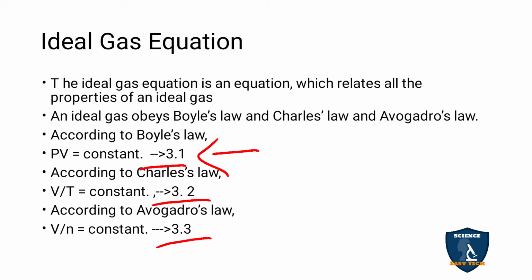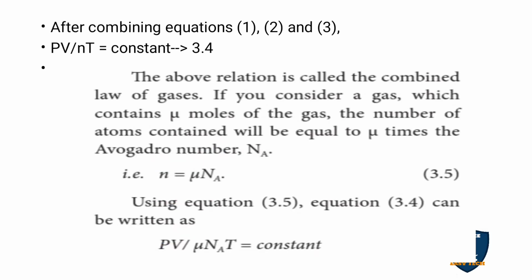So pressure, volume, temperature and number of molecules or atoms are related to each other. For this, we take PV is equal to constant as the first equation, V by T is equal to constant as the second equation, and V by N is equal to constant as the third equation.